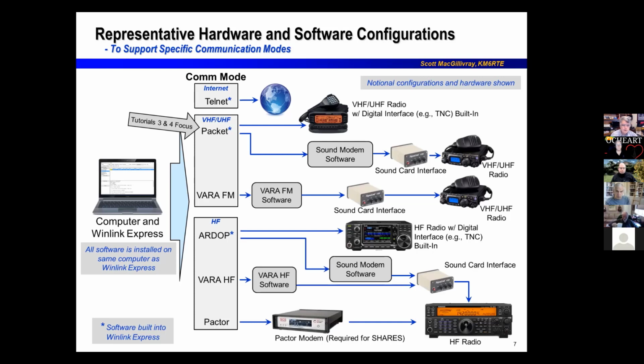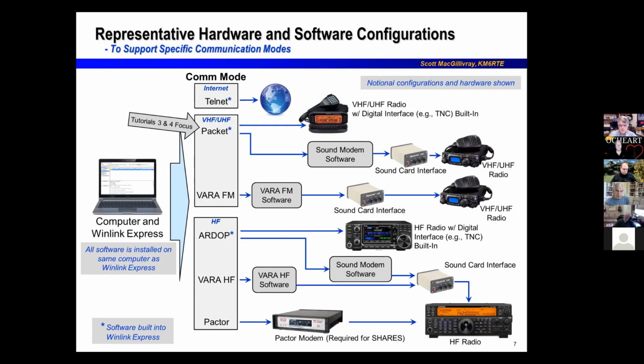That is by far the simplest type of communication, using packet with a digital interface radio, and that'll be the focus mainly of today's tutorial. And then in tutorial 4, we'll talk about the next branch, which uses some type of sound modem software and some type of sound card interface to another radio that doesn't have a digital interface.